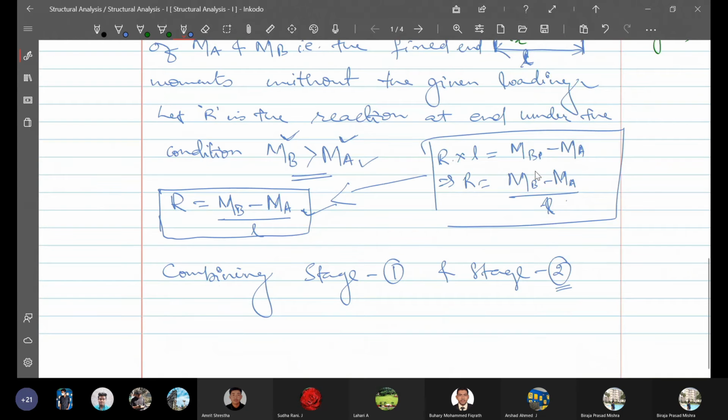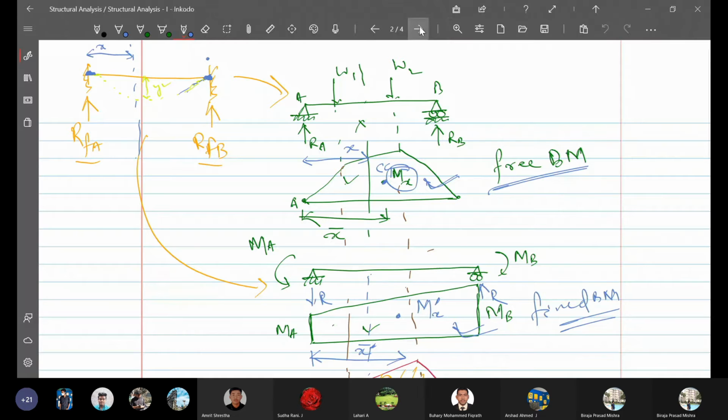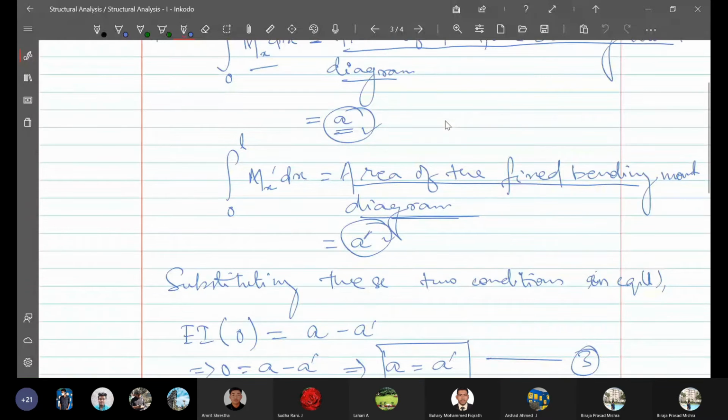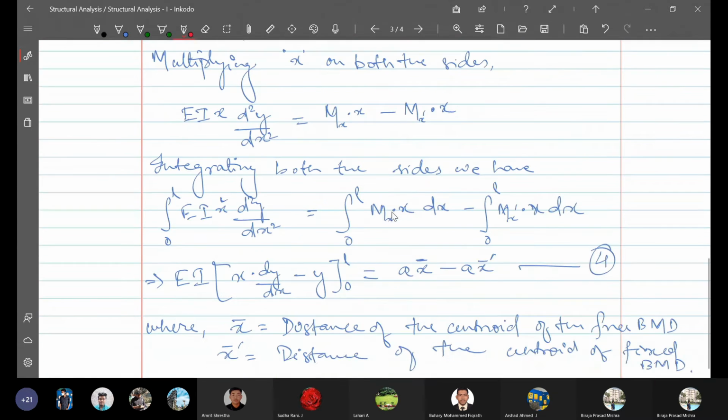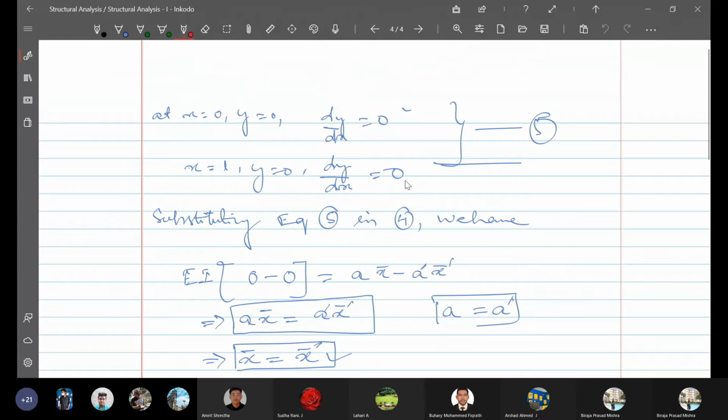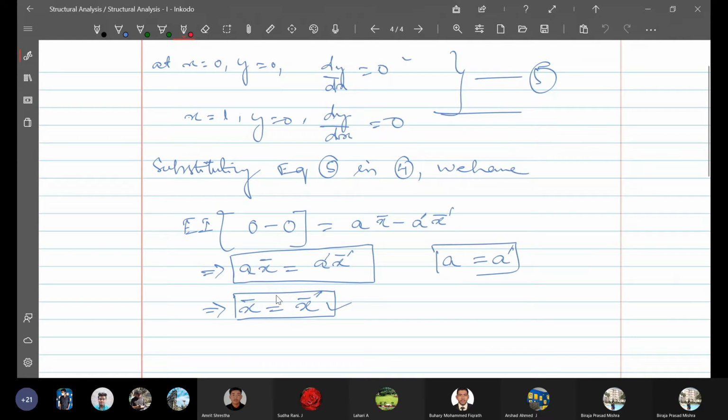Through the analysis we have come to know that the area of the free bending moment diagram, as well as the area of the fixed bending moment diagram, that is A and A dash, are equal. The inference we gained is that the location of the centroid of the free bending moment diagram and the fixed bending moment diagram are exactly the same.